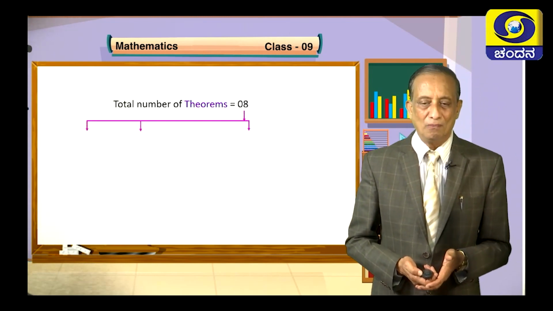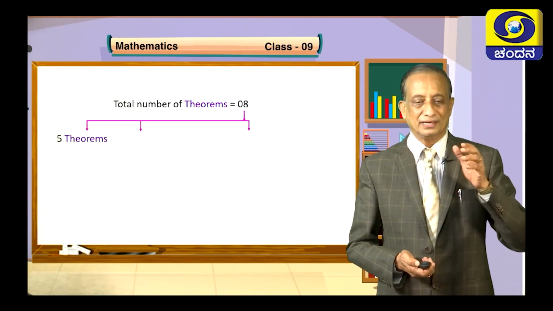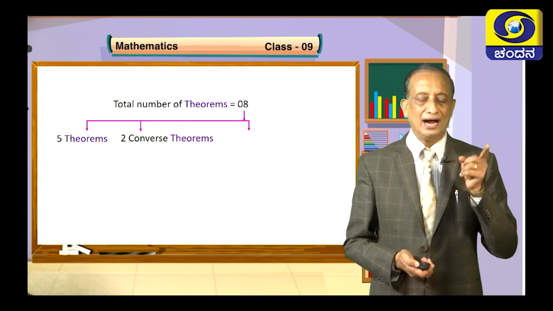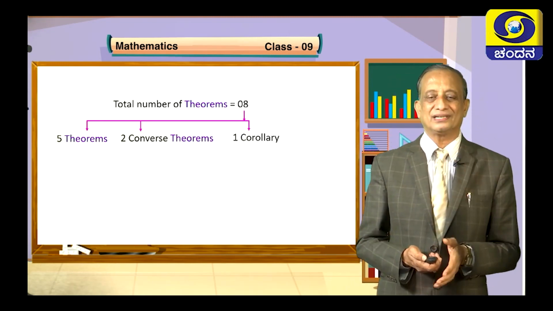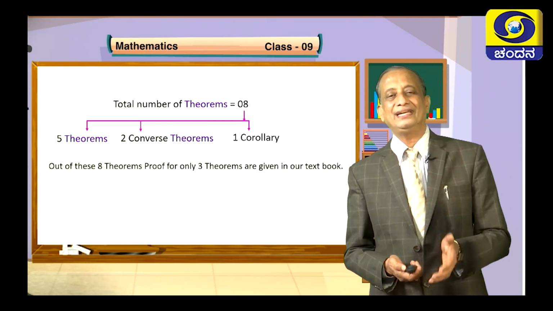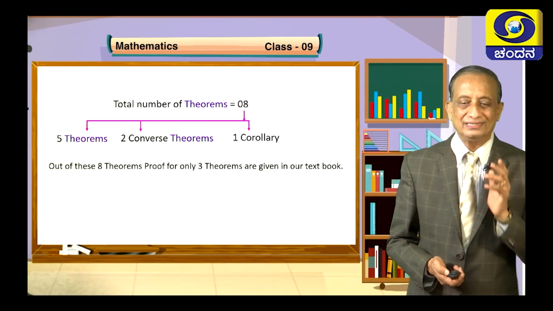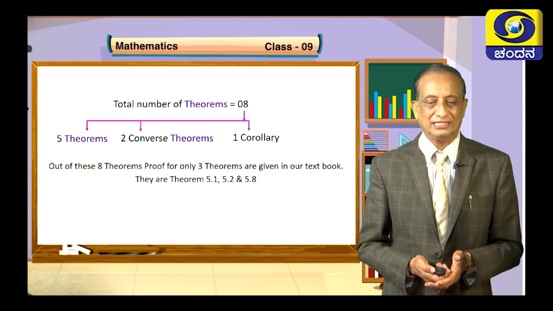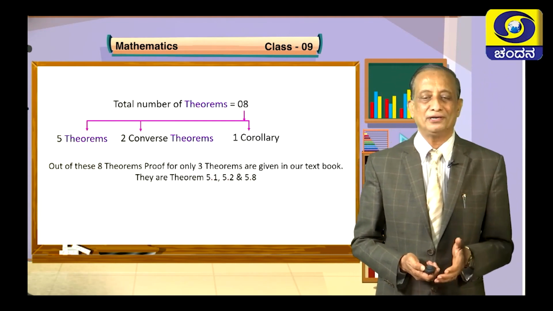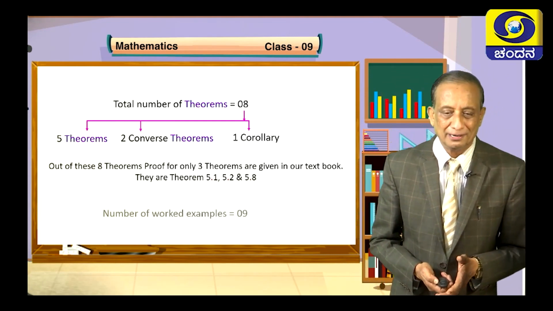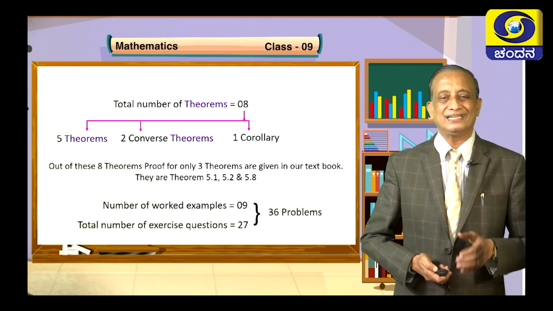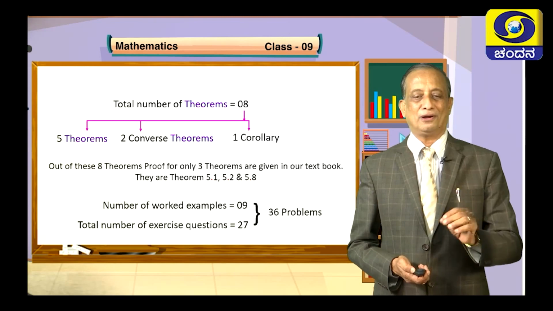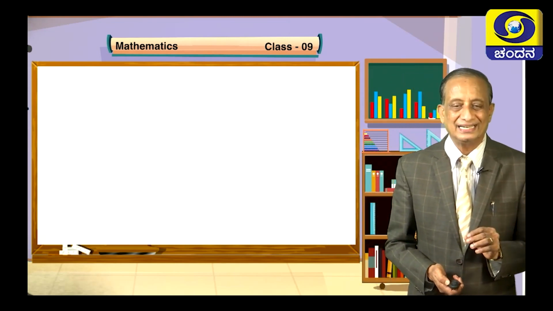Among these 8 theorems, for 5 theorems a converse is given, and a corollary is also given. Out of 8 theorems, proof for only 3 theorems is given in our textbook. They are theorem number 5.1, 5.2 and 5.8. So altogether there are about 36 wonderful problems in this unit.